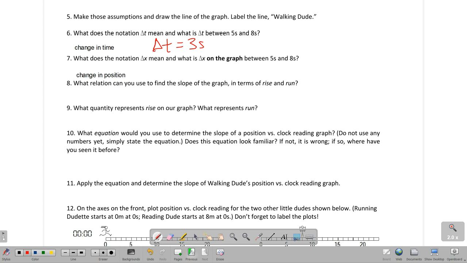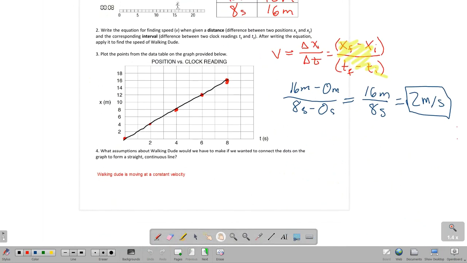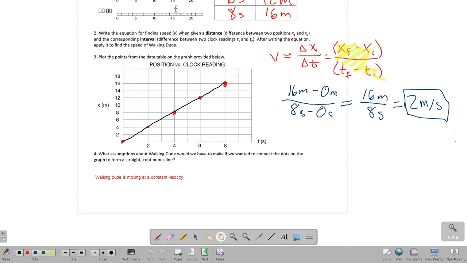Let's go back to the last page and look at that between 5 seconds and 8 seconds. We want to trace this over here. You see that it's at 10 meters to start with, and then its final position is at 16. So 10 and 16.